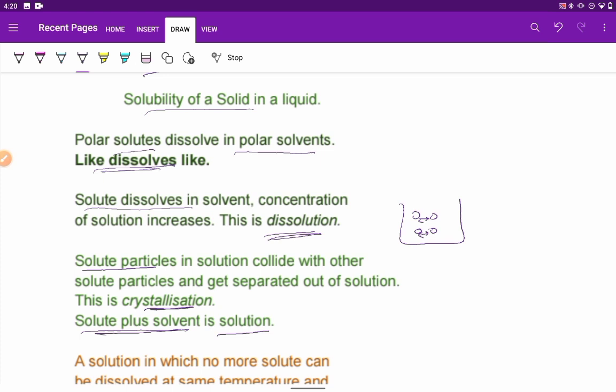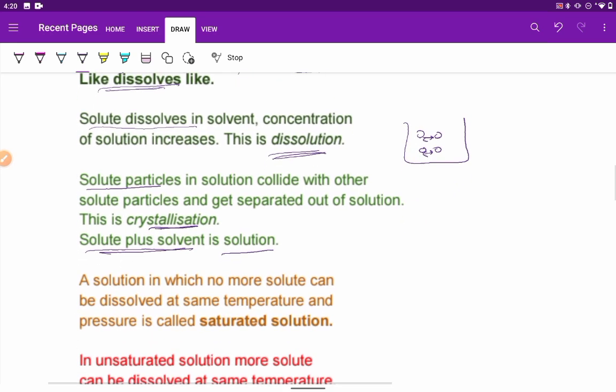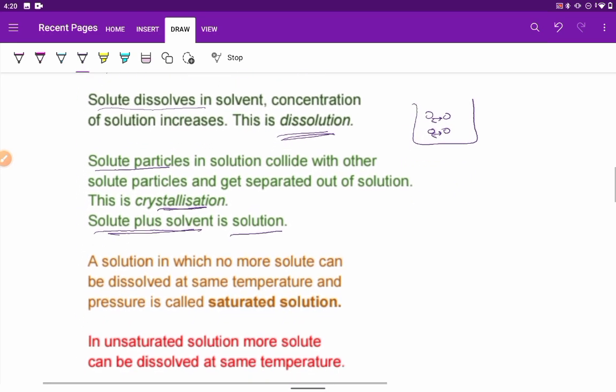They together constitute the solution. And in the solution the solute particles can collide with each other. Means solute particles collide with other solute particles and thus get separated out of the solution. This is crystallization.